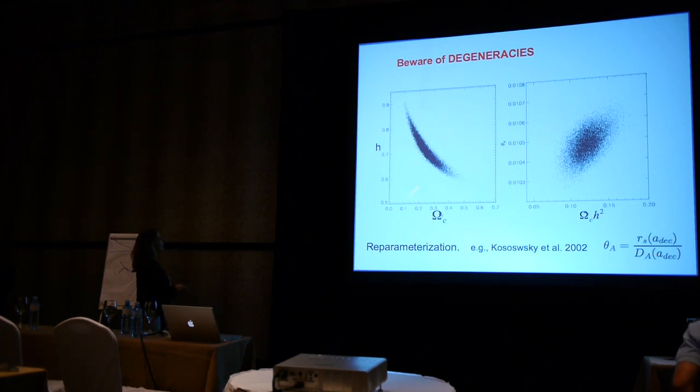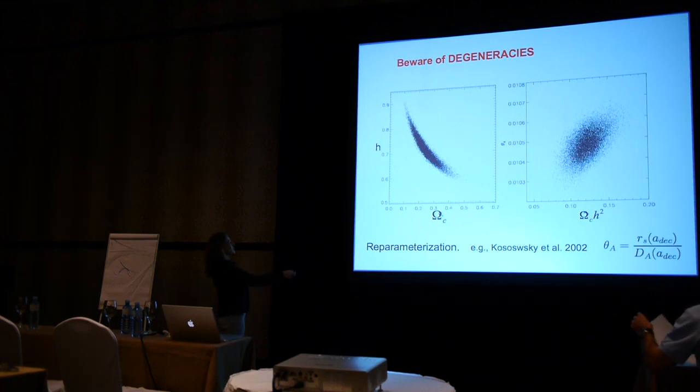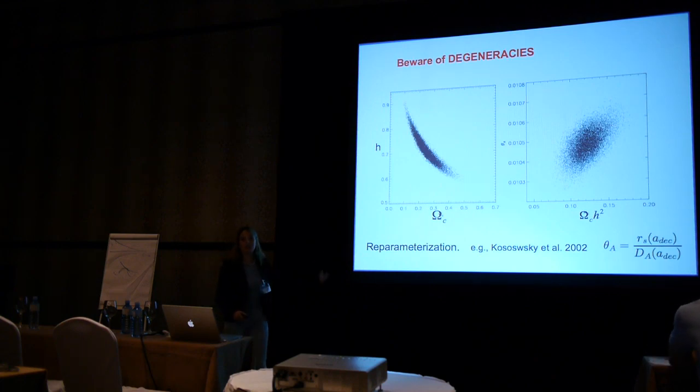If I now redefine my parameters, instead of taking omega cold dark matter, I take omega cold dark matter h squared, and instead of taking h, I take this quantity here, which is basically the position of the peaks, rather than the value of the Hubble constant. There is a one-to-one relationship between the two things once you give me a set of parameters. Then this cloud of points becomes this. And now this is much, much easier to sample and implement.